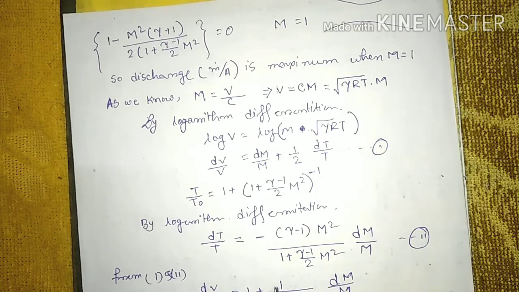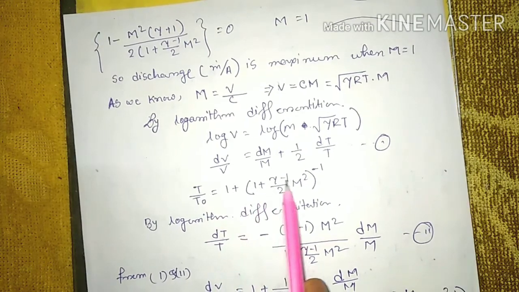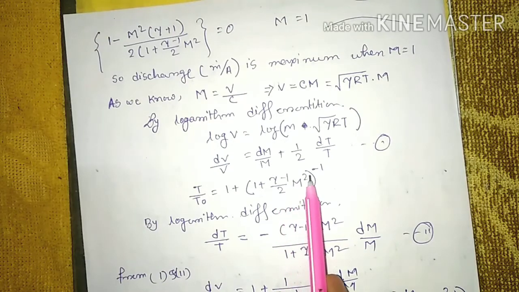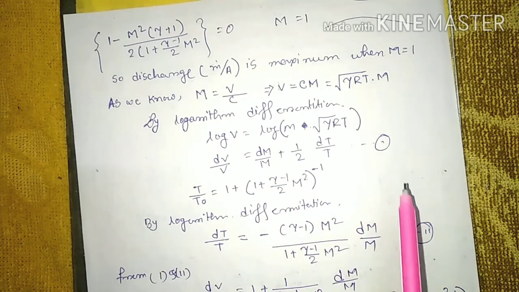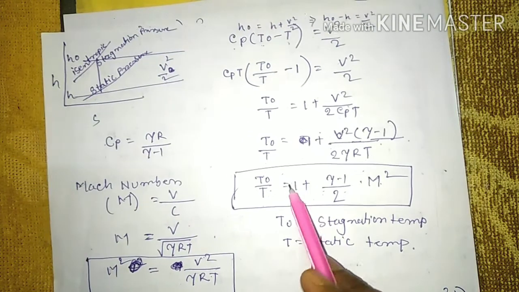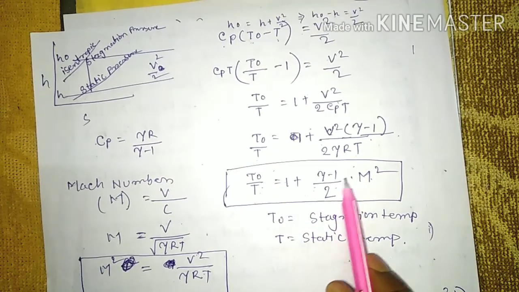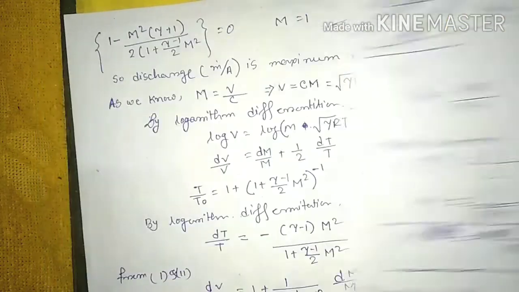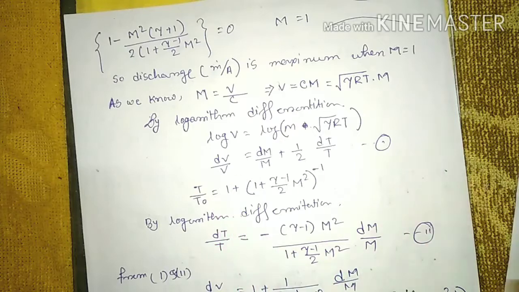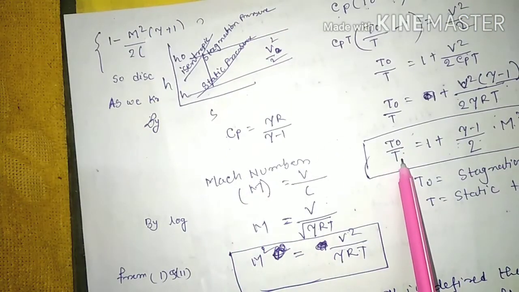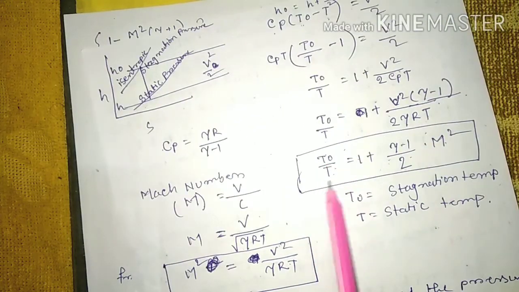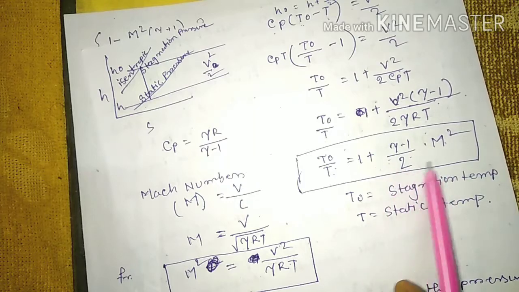Now as you know the stagnation property relation for temperature, T0 by T is equal to 1 plus gamma minus 1 by 2 into M square.